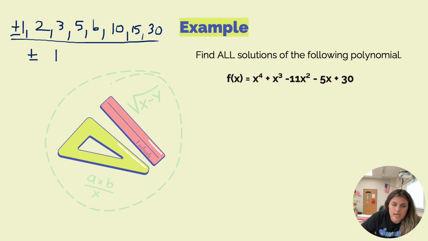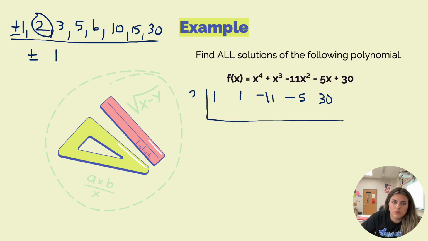Good news is that while doing the synthetic division myself, 2, which is one of the early ones in our list, does work. So I'm going to show you the synthetic division as to why. So our coefficients are 1, 1, negative 11, negative 5, and 30.